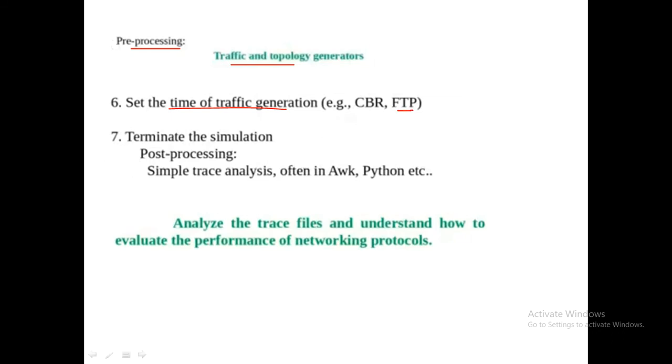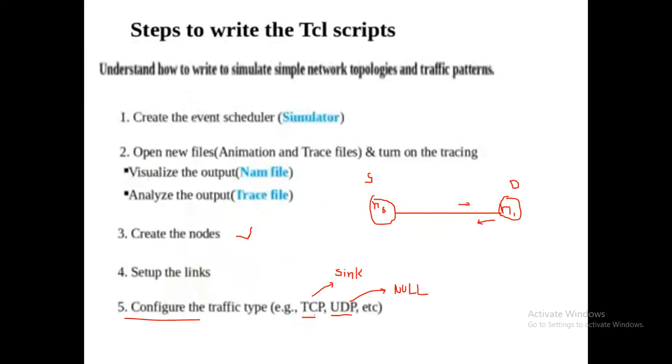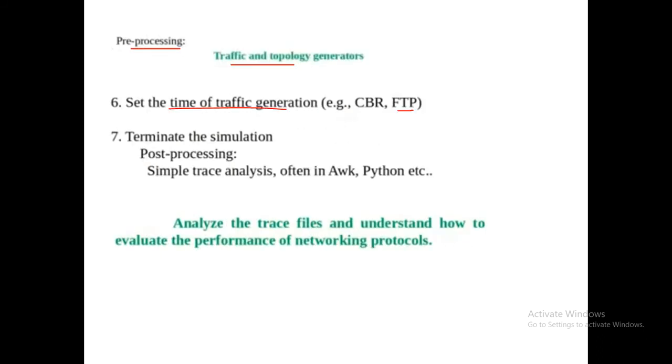Remember this, very very important. Whenever the problem says you should establish a TCP connection, in your application layer you will be using the FTP protocol. If you are using a UDP connection, then in your application layer you will be using CBR.